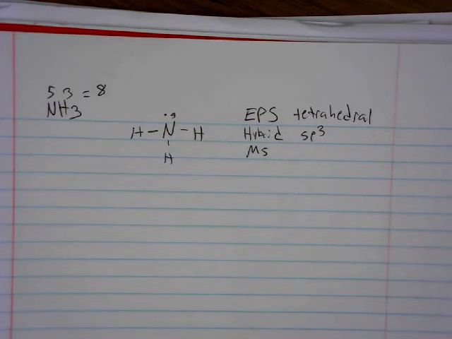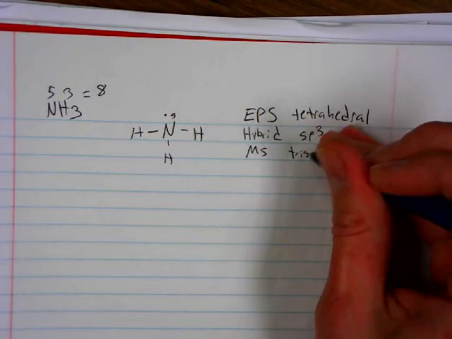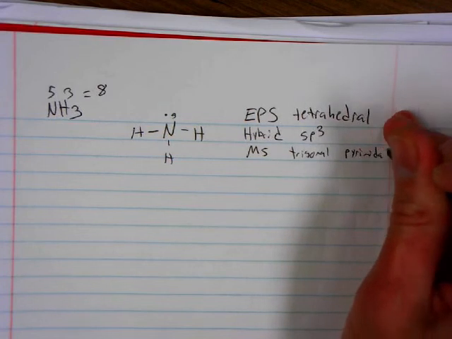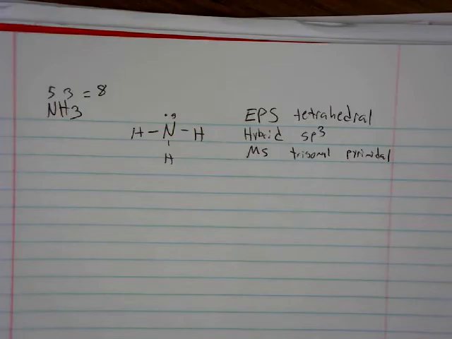When I add a lone pair, it's going to repel. It pushes them away. So my molecular structure of where the molecules are is trigonal pyramidal.